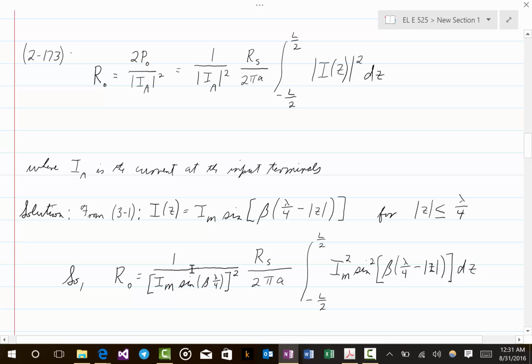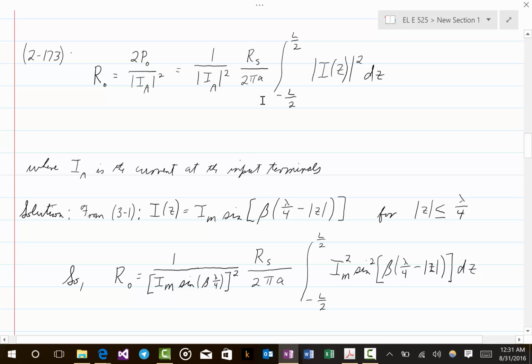So we just get Im sine of beta lambda over 4. And keep in mind that we need to take the magnitude squared of that, and so that will give us this expression here in the denominator.